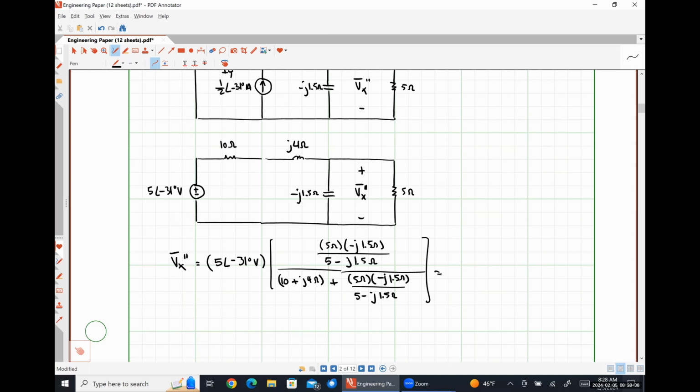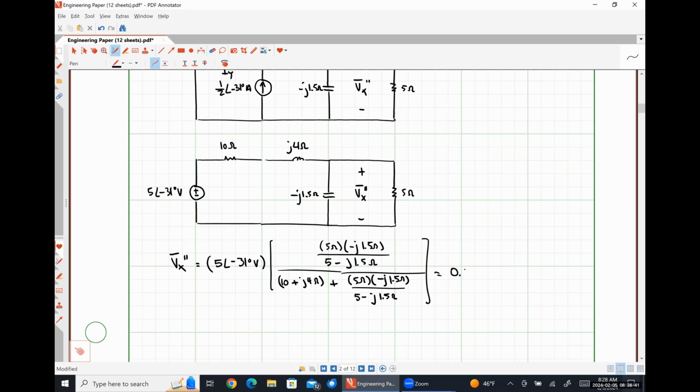I got 0.669 with an angle of negative 118.444 degrees volts in polar form, and negative 0.319 minus J 0.588 volts in rectangular form.